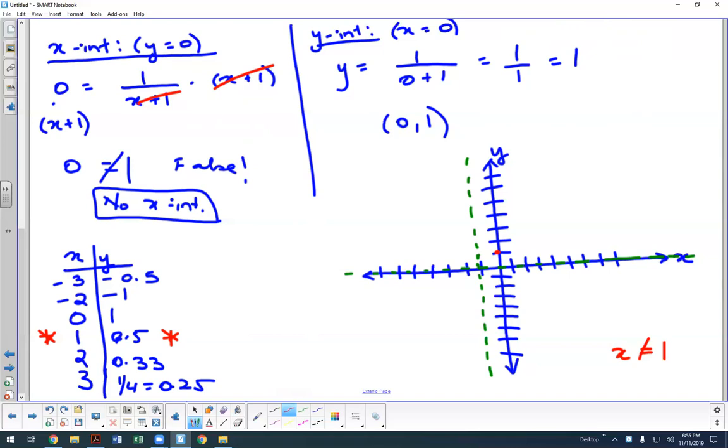So at -3, we're at -1/2. -2 is at -1. So this is where your graph will actually go towards the horizontal asymptote here, and it's going to go down towards the vertical asymptote here.